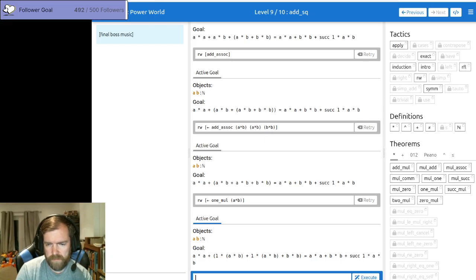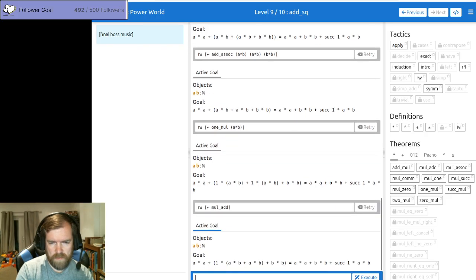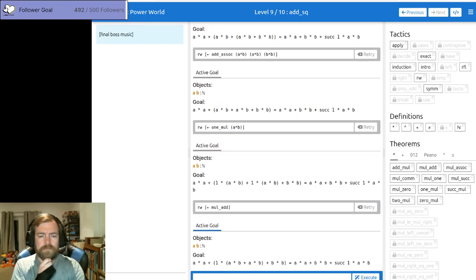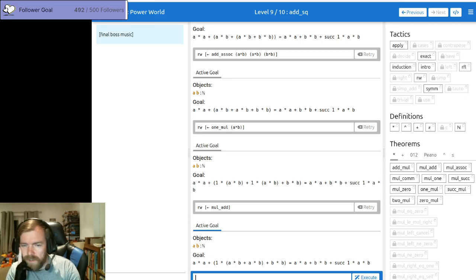It did it by itself anyway. Okay, cool. Then we want to undo the mul add. Undo the mul add. Is there only one? Damn it. Not quite.